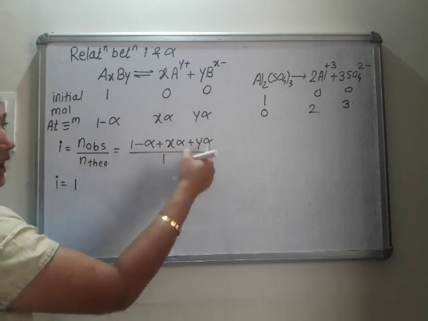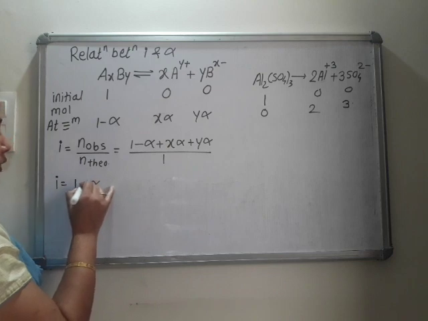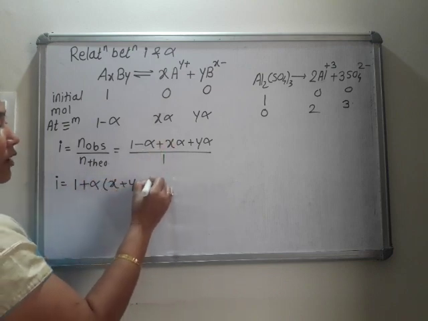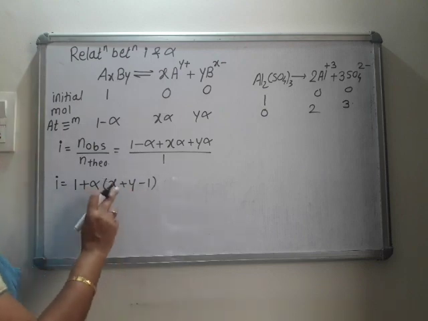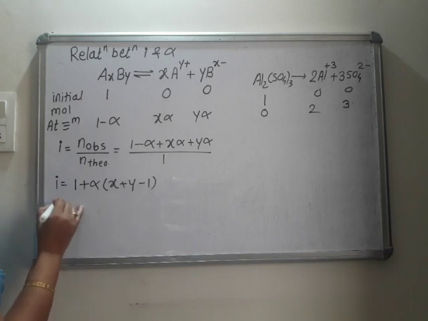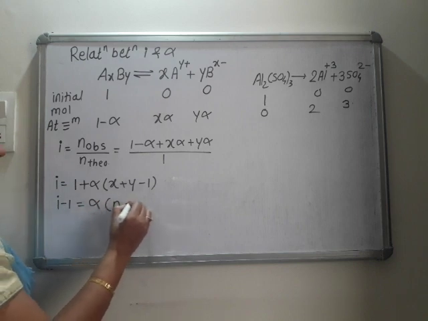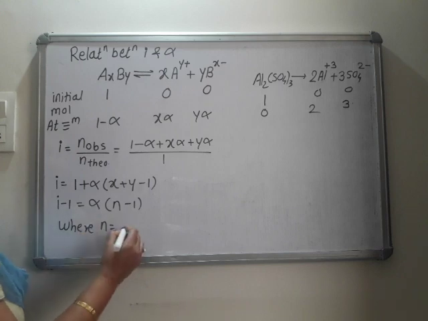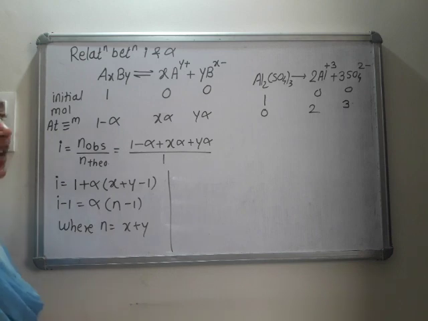i is equal to 1, and we can take alpha common. So 1 plus alpha inside the bracket, X plus Y minus 1. Okay, X plus Y minus 1. Let us put n equal to X plus Y and shift it here. So this becomes i minus 1 is equal to alpha times (n minus 1), where n is equal to X plus Y, the number of ions formed in the dissociation.